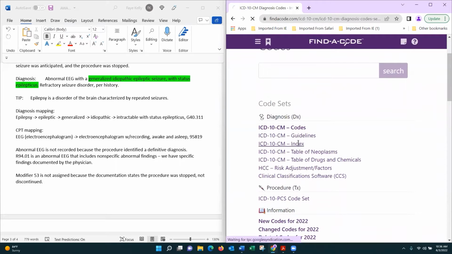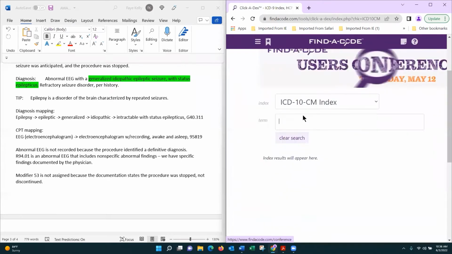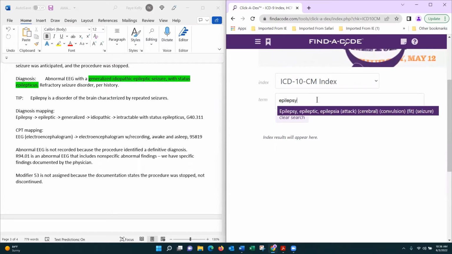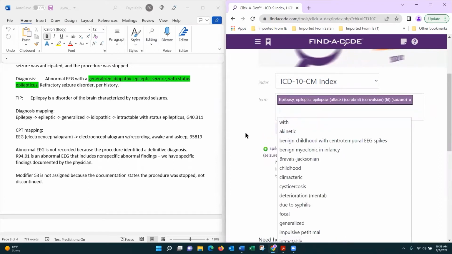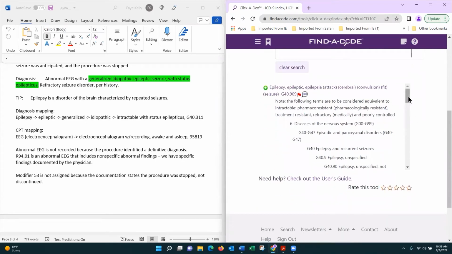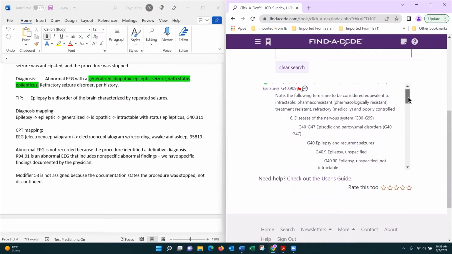And I'm going to go into the index, and I will broaden this up. I want to map it and show you epilepsy here. Let's see, epileptic.